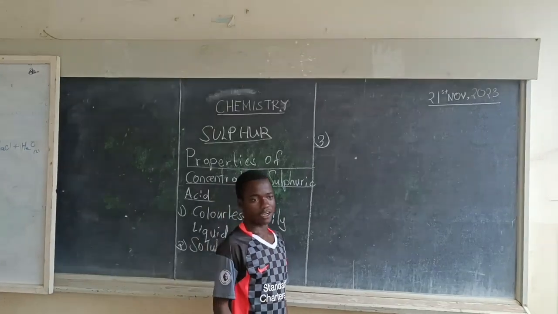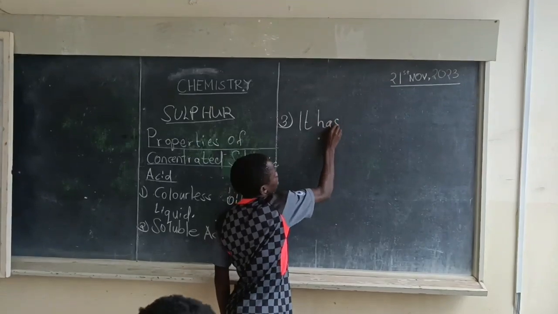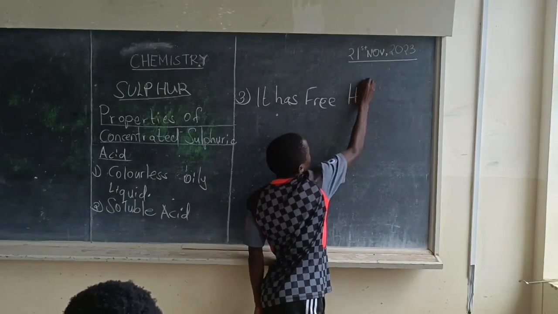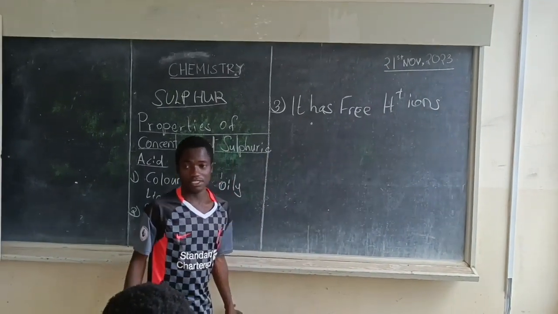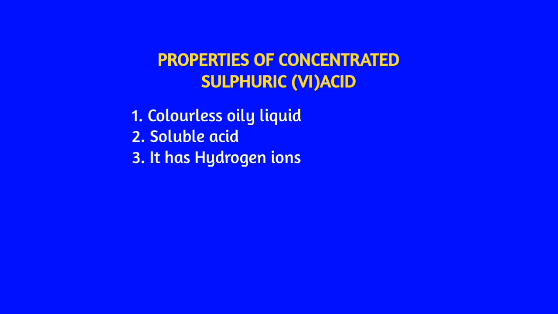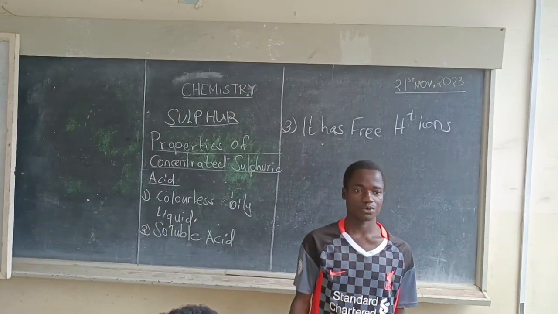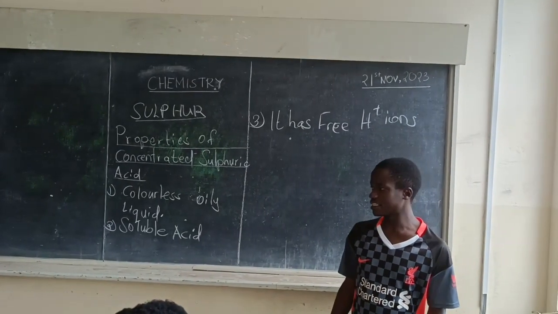In that property, we have sulfuric acid. It has hydrogen ions. This indicates that the acid is acidic in nature.